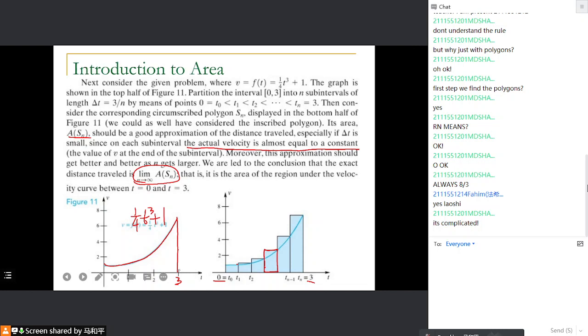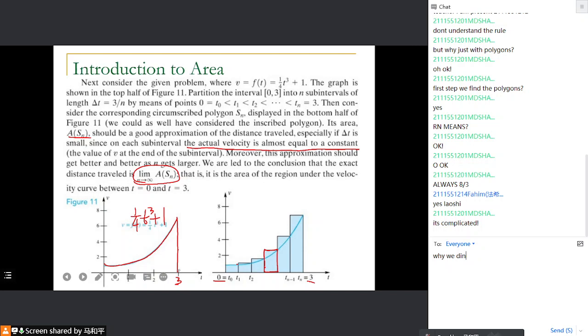Yes, it's complicated. But this is not the real way we calculate the area and the distance. We will use the definite integral to calculate it. This is just why we can use the definite integral to calculate the area and the distance.